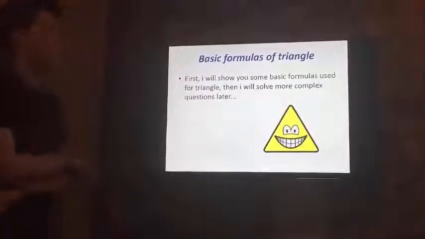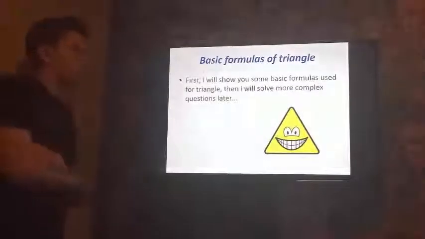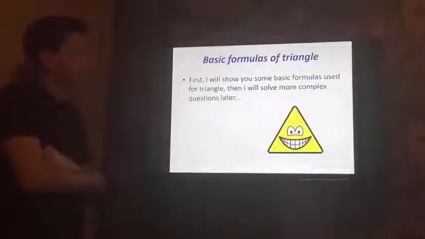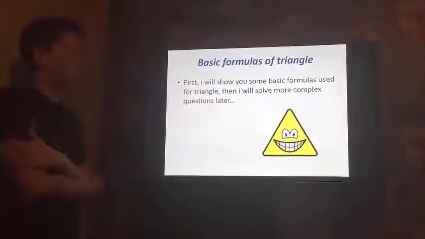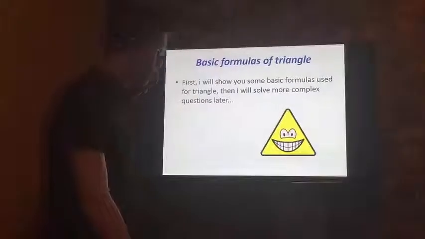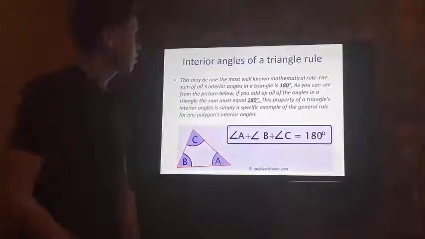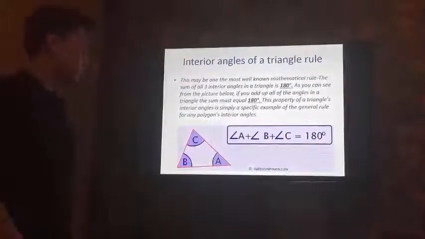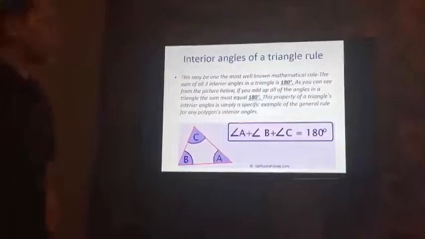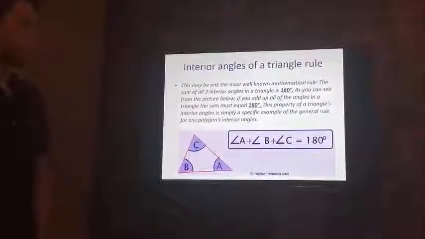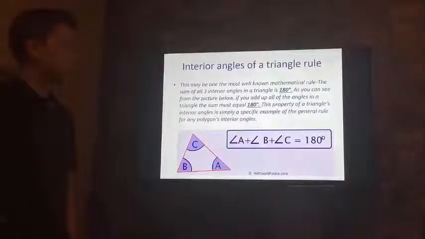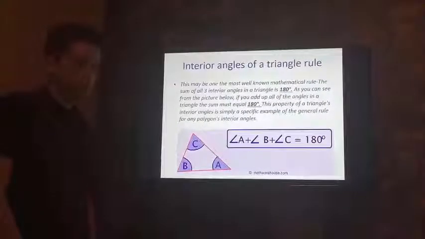Basic formulas of triangle. First, I will show you some basic formulas used for triangles, then I will solve more complex questions later. Interior angles of a triangle rule. This may be one of the most well-known mathematical rules. The sum of all three interior angles in a triangle is 180.